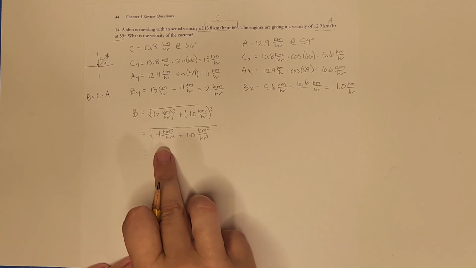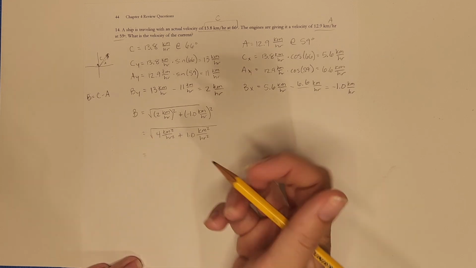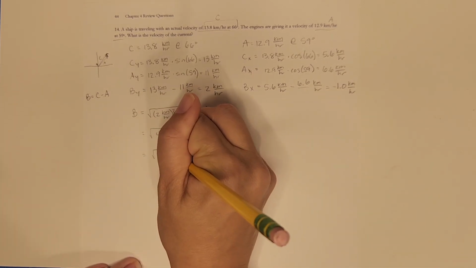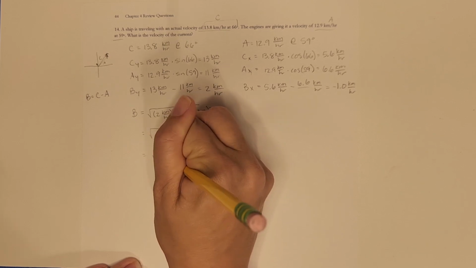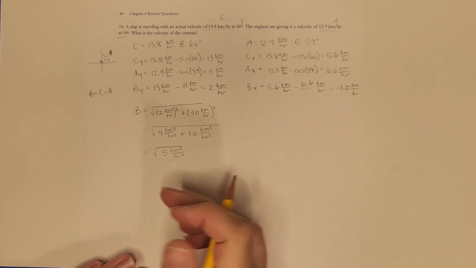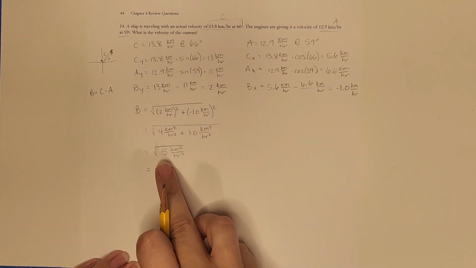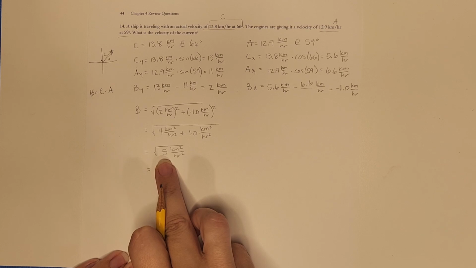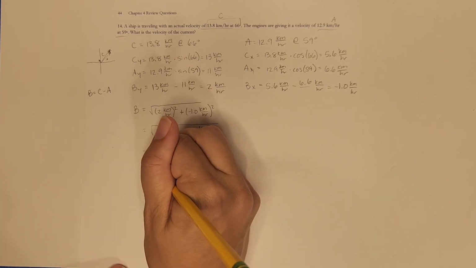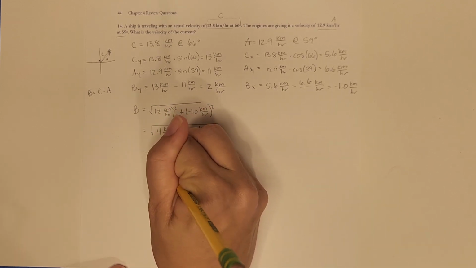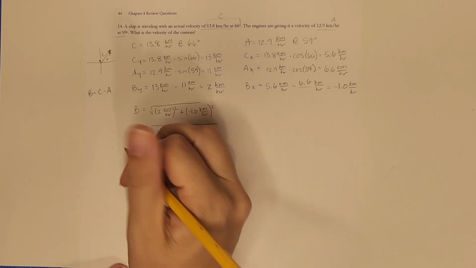So our answer has to be to the least precise, so to the ones place. And so we're just going to get 5 kilometers squared over hour squared and get the square root of that. Now, when we do the square root of this, it can only be 1 significant figure because we're using the rules of multiplication and division. And so that ends up getting rounded to just 2 kilometers per hour.